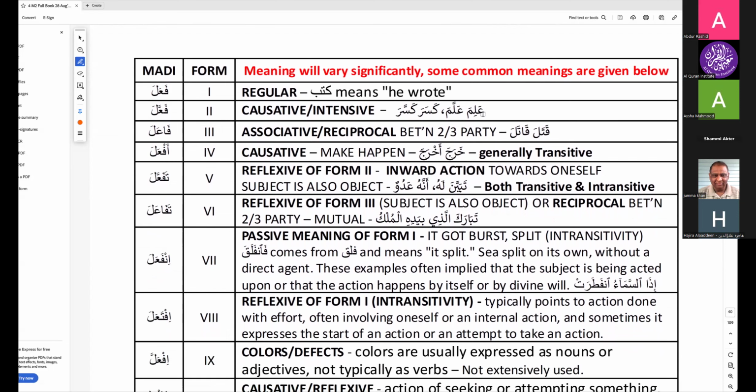Alima means to know, allama to teach. So the original verb is alima and then allama. Can you see how it changed? And then kasara, then kassara. Kasara to break, kassara to smash it. Okay.